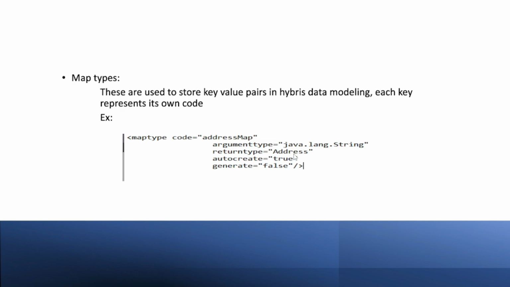Address is a unique value, and it returns the string type key. Address is another item type here in Hybris. So based on the key and value we want to fetch the address, and in that case we are using a map type here. We will explain again in the code base.